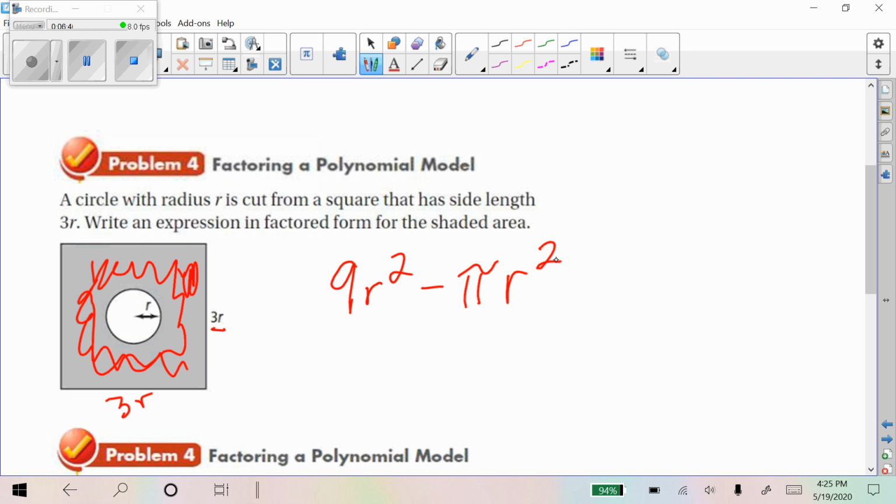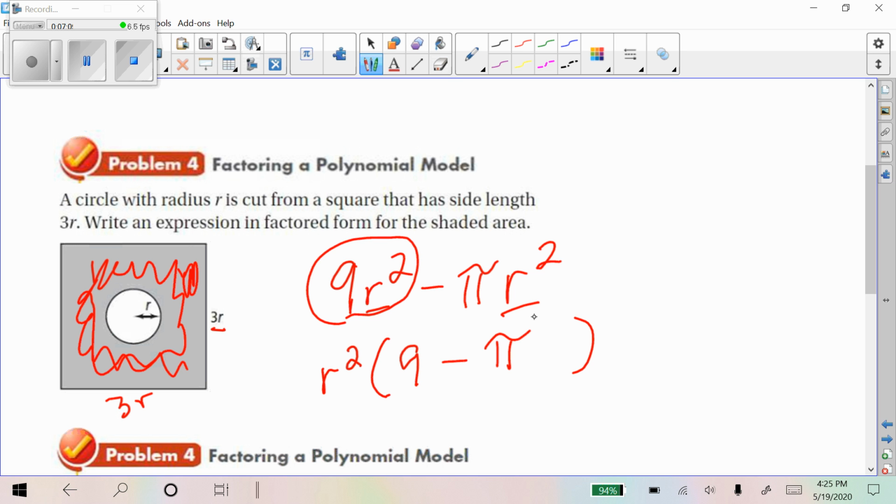Okay. Now we're going to factor this, find the greatest common factor. It looks like both of these are multiplied by r squared. So we can put that in the outside. And to get this first term, 9r squared, we need a 9 here, right? And to get pi r squared, we need to put the pi there.